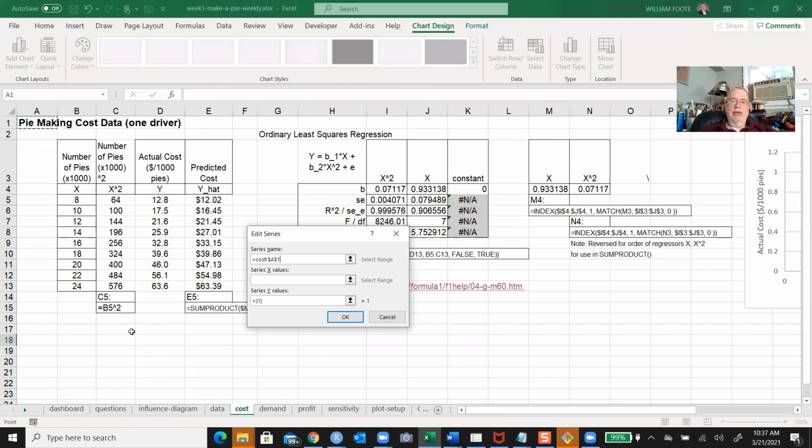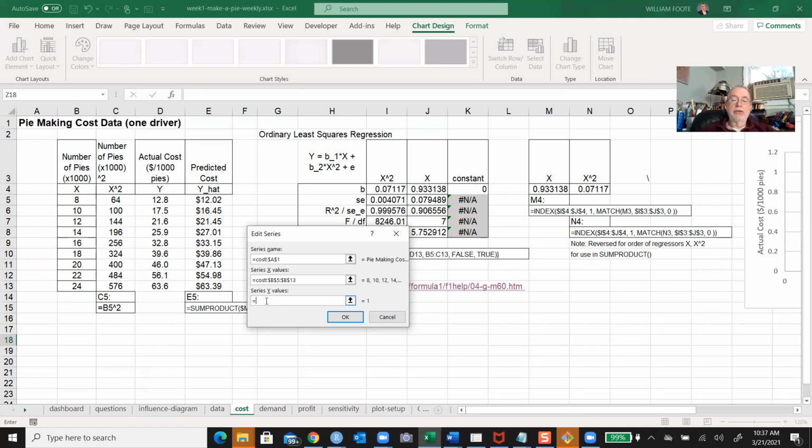Now just use the title of this whole cost analysis worksheet. The X values conveniently are called X over here. And we simply select using the shift down arrow.